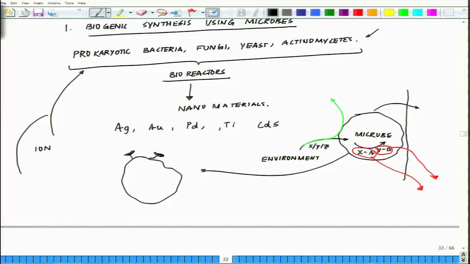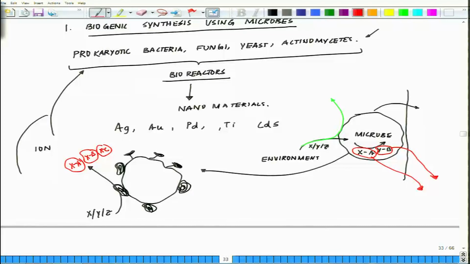What I am drawing now are the decorated enzymes sitting on top of the microbes, and these help in transforming some X, Y, Z, whatever, into some desired product by enzyme activity, say XA, XB, XC or likewise, depending on the desired product we are asking about.